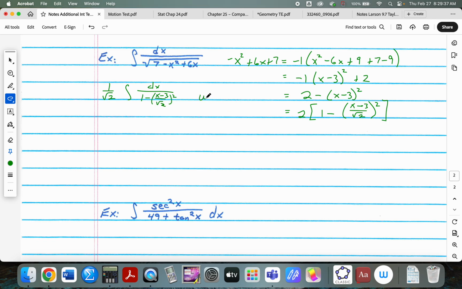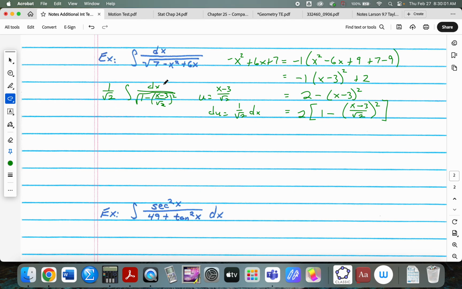The nice thing about that is when I do my u substitution, u is equal to x minus 3 over the square root of 2. du is 1 over the square root of 2 dx. And that's really nice because that is what I have. I have 1 over the square root of 2 dx. All right, sorry, I left off the square root sign here.